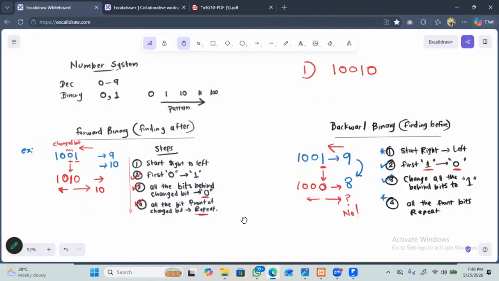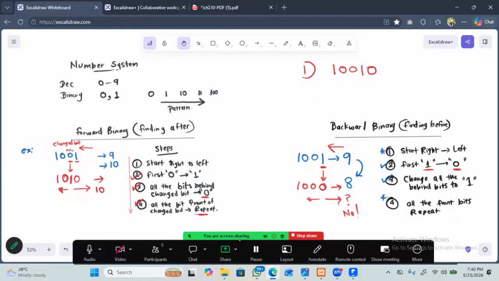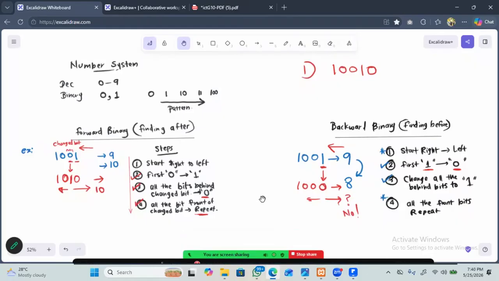Can you find it? It's too late. Or shall I show you one example?